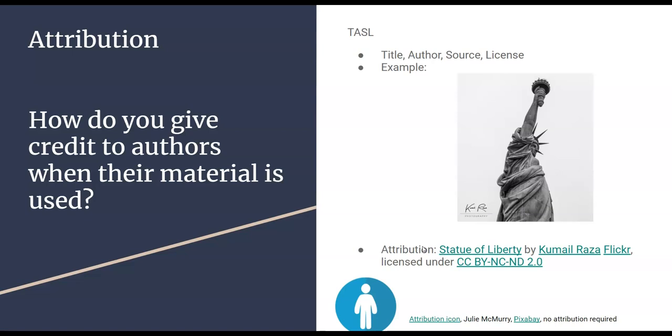You can see my attribution here is Statue of Liberty, and this link will go directly to the image by the author. What the source is, Flickr, goes right to the website, and what it's licensed under. And these sites will list those for you and show you what Creative Commons license it's under. And it is an important piece to link to that as well. So you can see right off the bat when you click on it what you're allowed to do with that image.